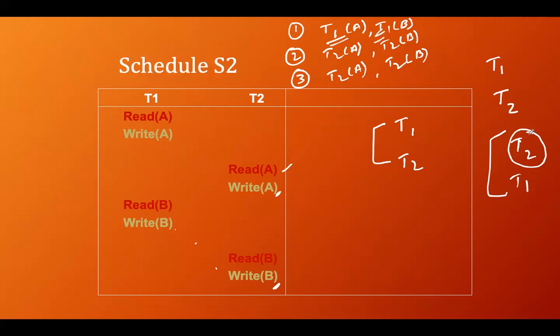When I execute T2 first, then T2 will do the fresh read, which is not the equivalent view of this non-serial schedule. So I got the serial schedule which is equivalent to this non-serial schedule, as well as all the views exist. So I can say that this non-serial schedule is view serializable.